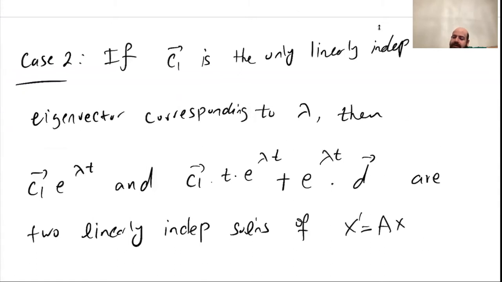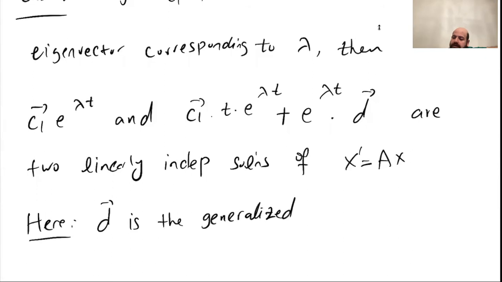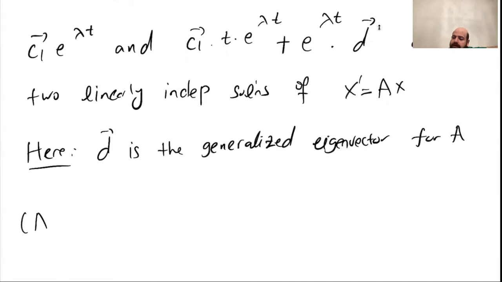And what is d here? I already explained what C1 is and what lambda is, and here d is the generalized eigenvector for A, which means A minus lambda I times d equals C1.